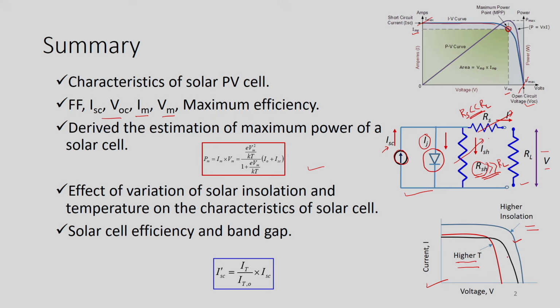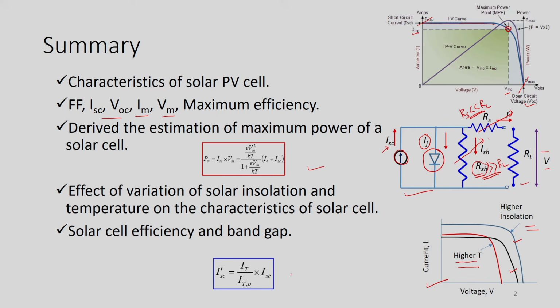As temperature increases, the shape of the IV curve changes and we get a lesser amount of current, and efficiency finally gets very low. If we operate at standard test conditions, at 25 degrees C, we get maximum conversion efficiency. Otherwise, if ambient temperature increases, the cell temperature will increase, and we will get lesser conversion efficiency.